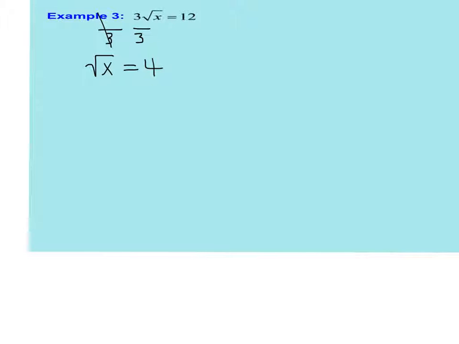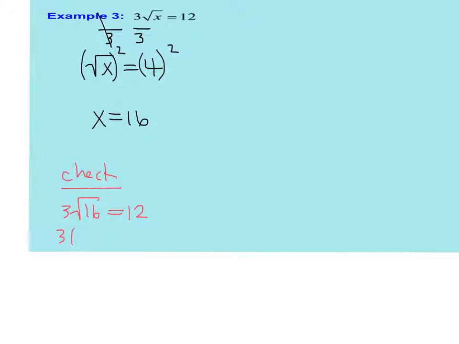Now that the square root's isolated, we can go ahead and square both sides of the equation. So we're going to get x equals 16. We've got to remember to do a quick check here, just to make sure that 3 times the square root of 16 is equal to 12, which, yes, 3 times 4 does equal 12, so x equals 16 is a solution.